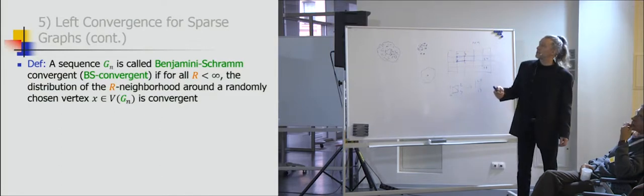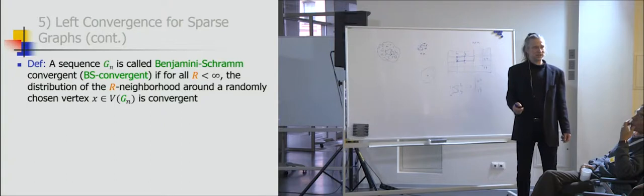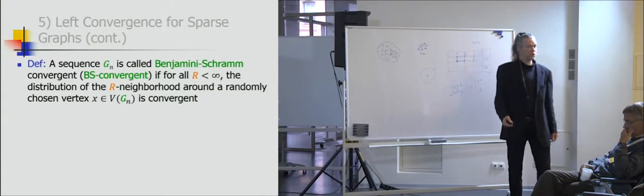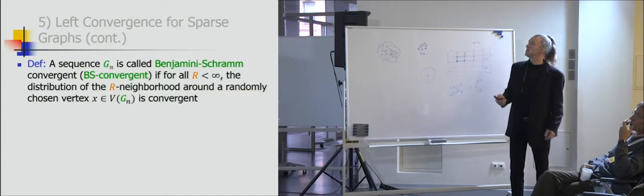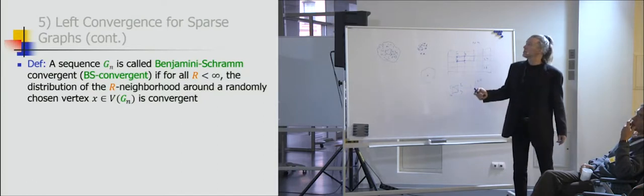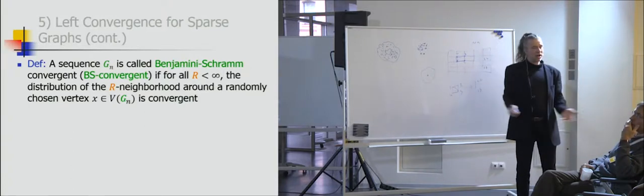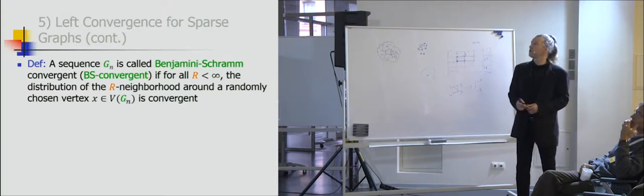Some people introduced that for trees and such, Aldous I think before, but Benjamini and Schramm really introduced this general notion of this kind of convergence. So for every R, you want the distribution of the random R-neighborhood, where you choose the root randomly in your graph, to converge.